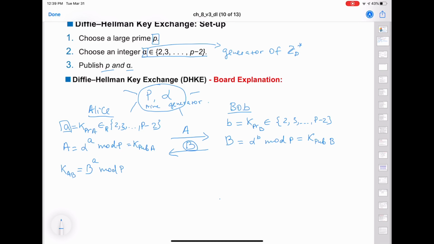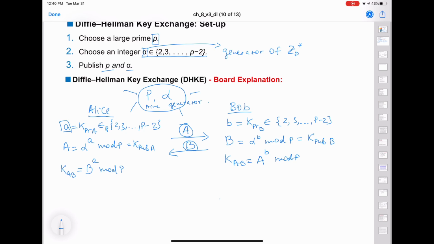Similarly, Bob will calculate KAB. How? He gets Alice's public color, capital A, mixes it with his own private color b, modulo p, and this is how they got the common color.